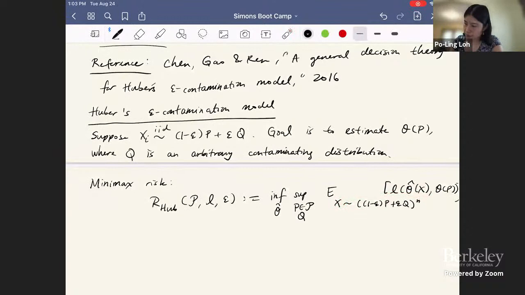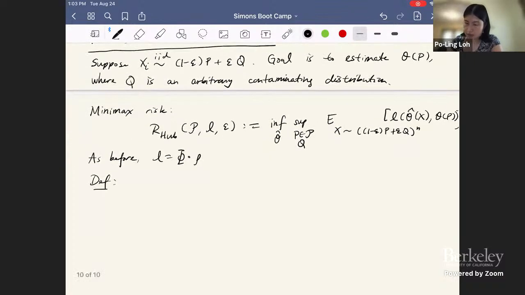the last lecture. So as before, we assume that the loss function L is of the form phi composed with rho. Okay, so here's a definition. So lower bounds are in terms of this notion of modulus of continuity.